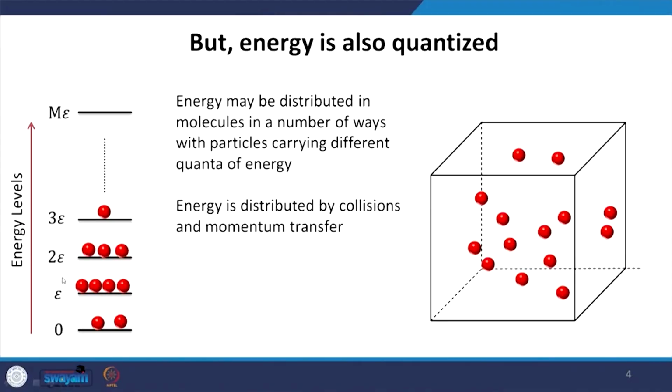Let us say, for example, that the discrete unit of energy is epsilon. Then a particle can take an energy 0, epsilon, 2 epsilon, 3 epsilon, 4 epsilon, and so on. It cannot take any value between 0 and epsilon. The energy it can take is only discrete, in packets of energy.